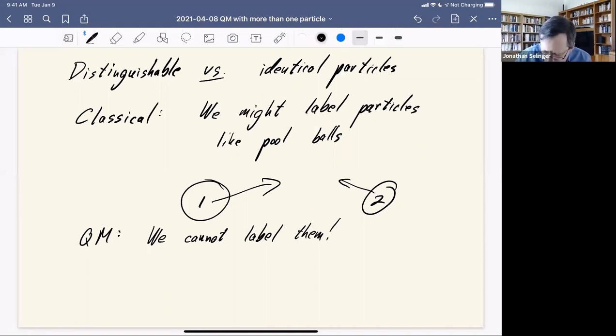So if they're different types, if one's a proton and one's an electron, then you can say, look, there's a proton, there's an electron. But if they are the same type, then they really are indistinguishable.